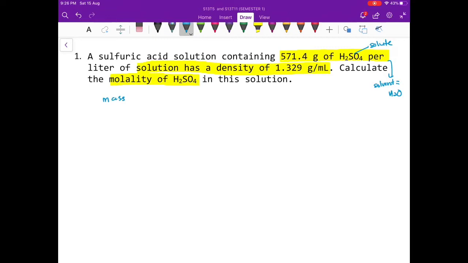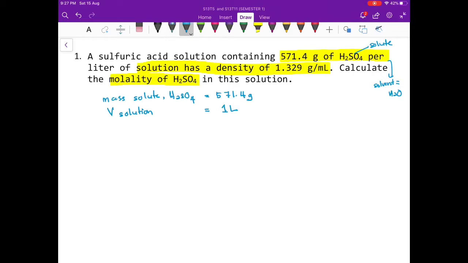So our mass of solute is the mass of sulfuric acid, which is 571.4 gram, because 571.4 gram is dissolved in 1 liter of solution. So the volume of the solution is automatically 1 liter.